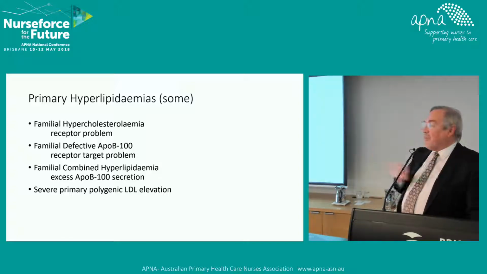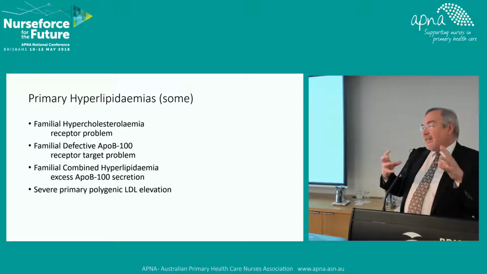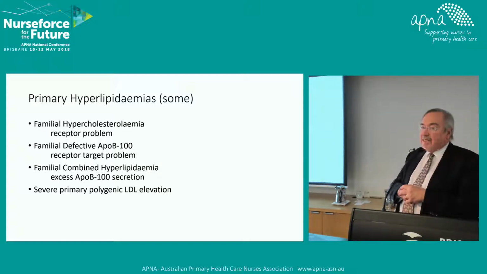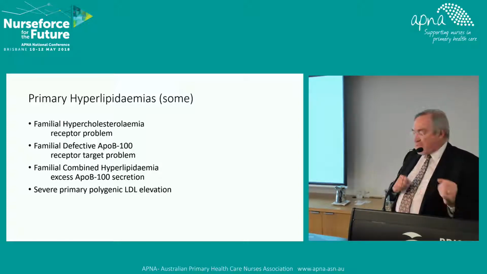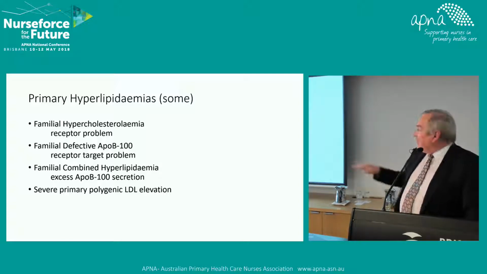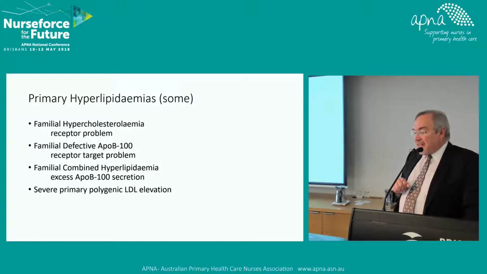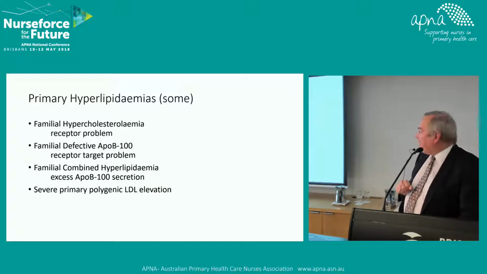So, for example, with the LDL, you can have an LDL receptor that is particularly designed to recognize the protein structure of an LDL particle and take it into the liver for processing, or process it another way. So the other type is a familial combined hyperlipidemia. This is where you've got an inherited overproduction of ApoB100.